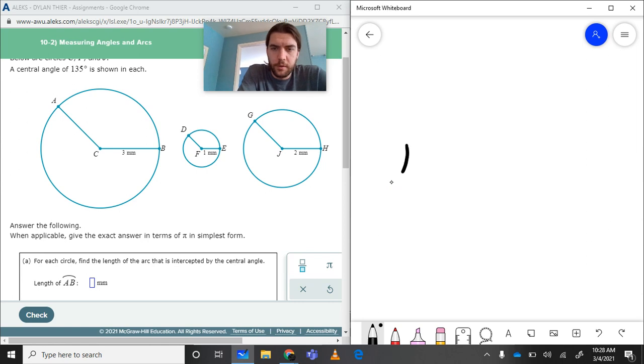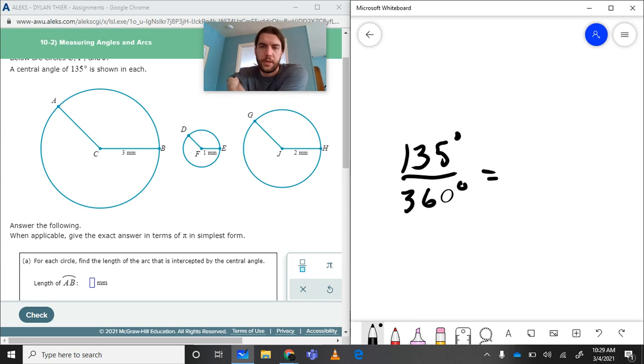We'll say that 135 degrees out of 360 is some sort of fraction that we should be able to reduce. What might that be? So if I divide them both by 5, I would get 27 up top, I think. And I would get 72 on the bottom.